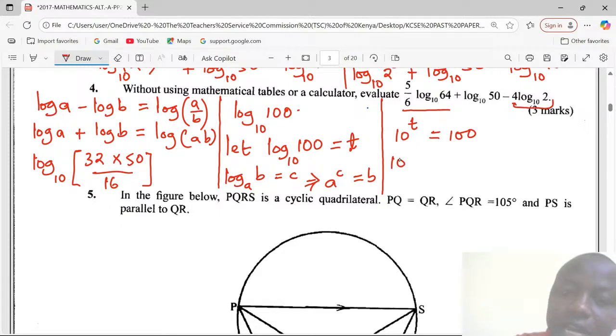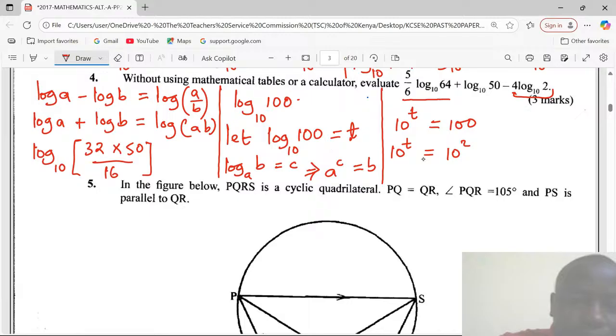So 10 power t equals 10 power 2. The bases are the same, and definitely it means the powers are equal. So the value of t is equal to 2, and therefore the logarithm of 100 to base 10 is equivalent to 2. So the final answer is 2.